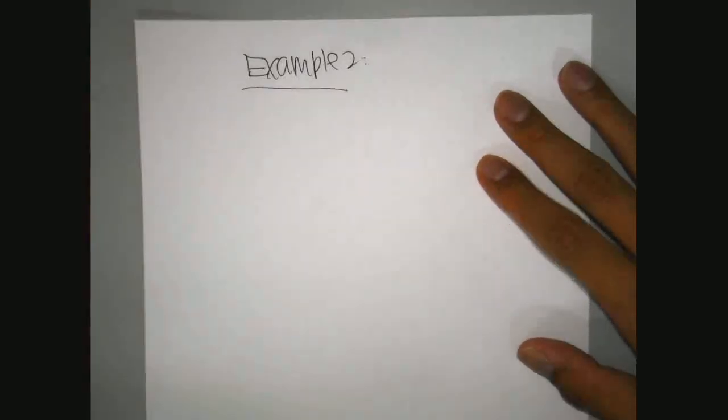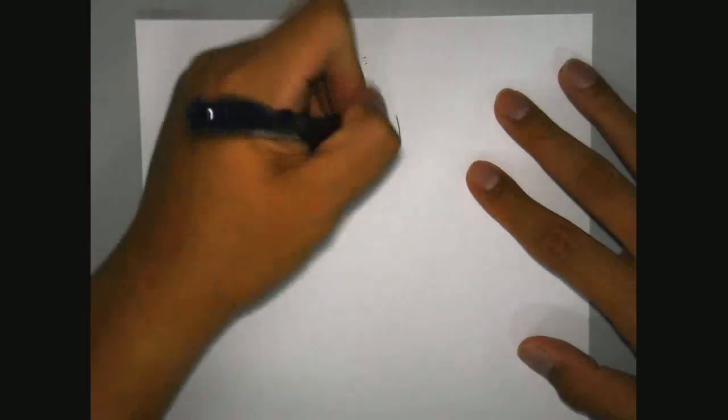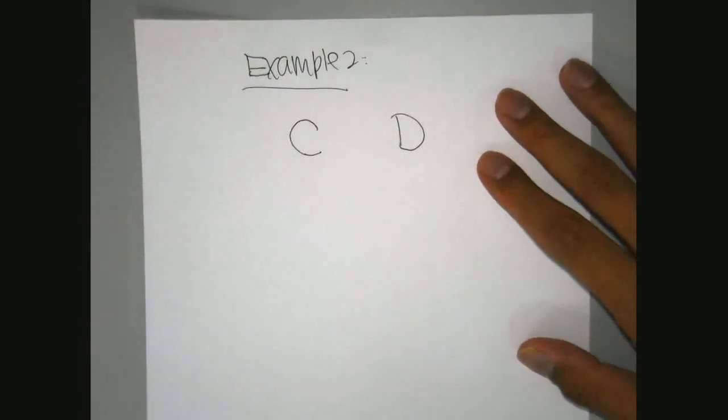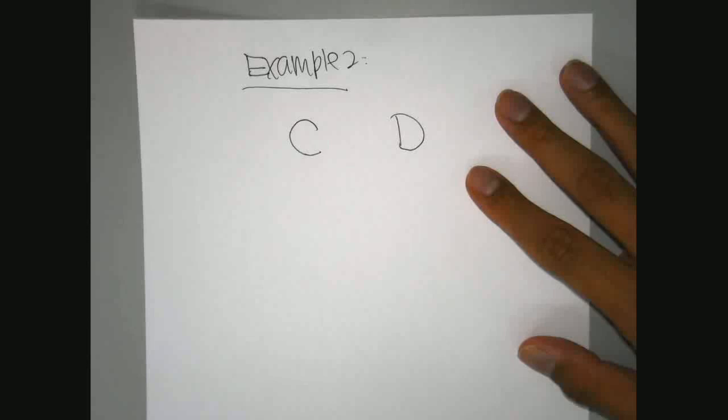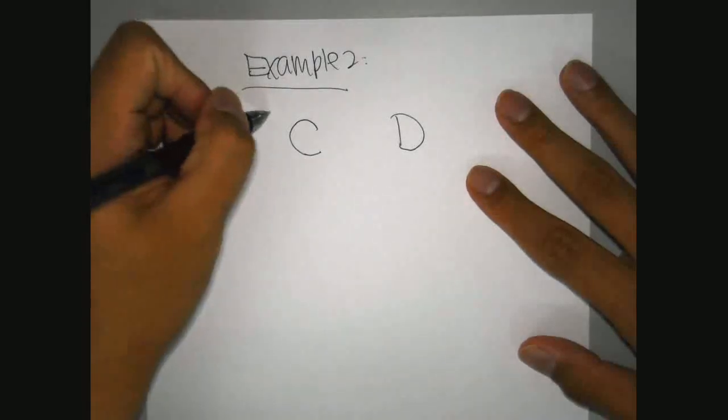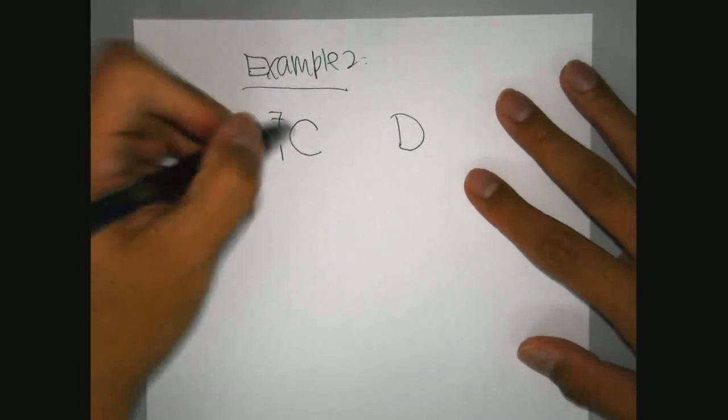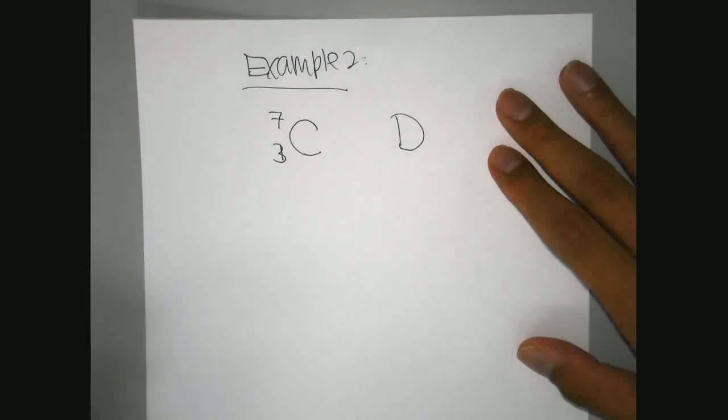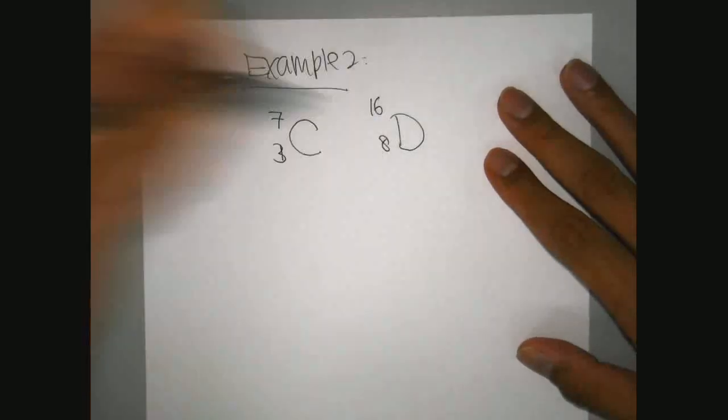So let's say we have another example. I call it example number 2. In example number 2, we have a C and a D. For C, the electron arrangement, let's say it is 2.1. And then for D, it is 2.6.